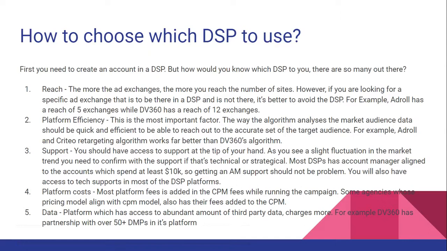Platform efficiency is one of the most important points that you should be looking at. For example, AdRoll retargeting campaign works like a charm. It works much better than DV360's algorithm. It's basically what I have learned.